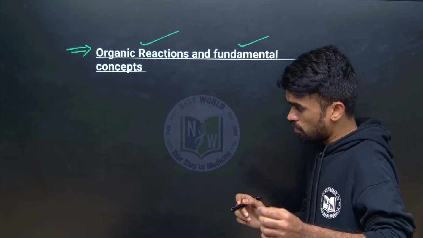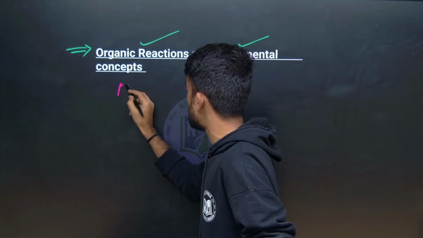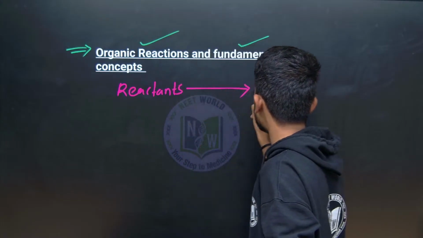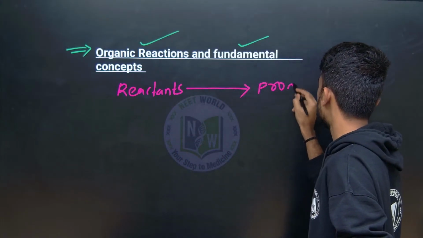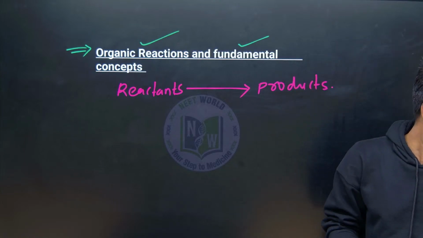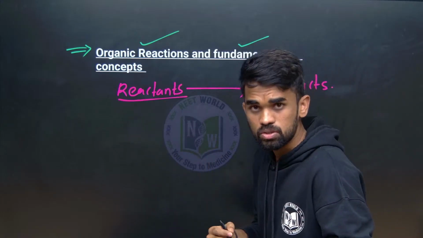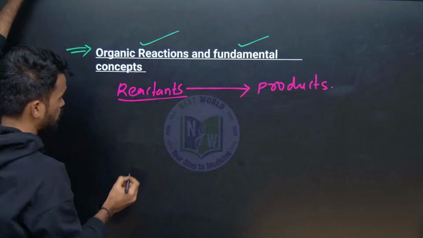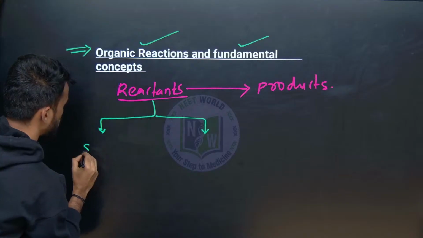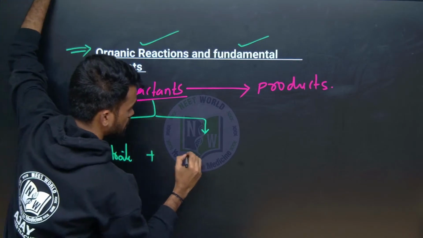During chemical reactions we have reactants, and these reactants convert into products, right? This is the conversion that takes place. Now how does this conversion take place? What are the reactants here? Remember, the reactant side has two parts. One is called the substrate, and the other is called the reagent.